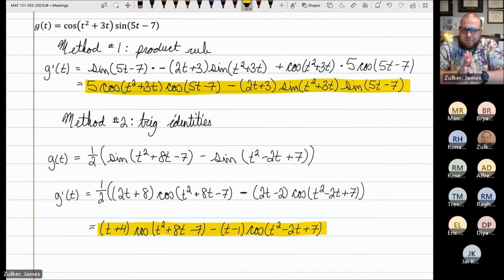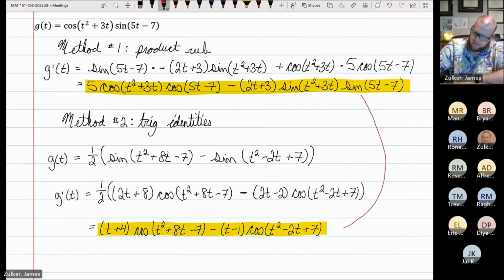They're the same. Through much algebra and trig identities, you can get, say, from here to here, or vice versa.